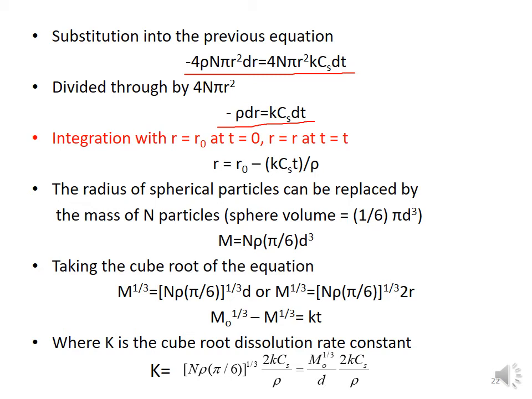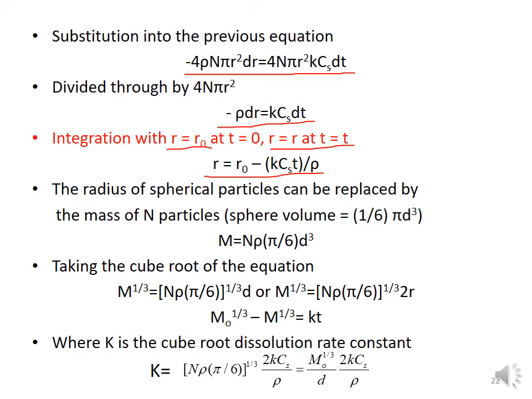Integration of the previous equation with r equals r naught, the original radius at time equals 0, and r equals r, the radius at time equals t, gives the following: radius r equals the original radius minus constant k Cs multiplied by the time and divided by the density.